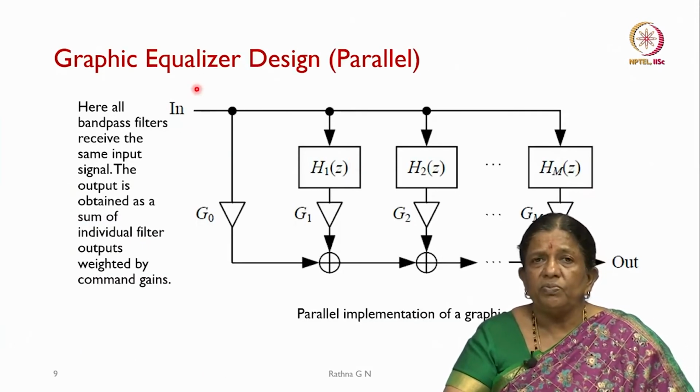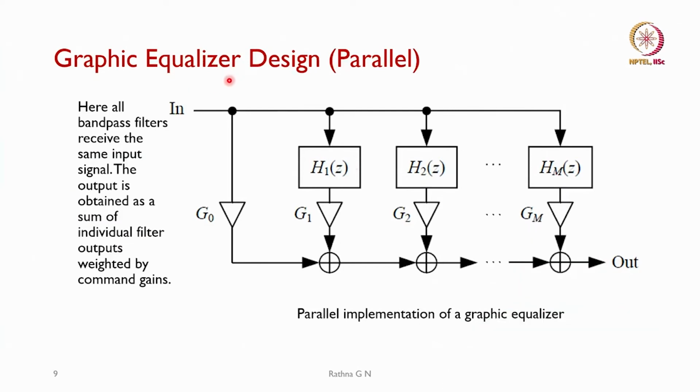Now, how can we design the same thing in parallel? That is what this figure shows. We have the overall gain G naught, and then each one has its own transfer function H1 of z, multiplied by its gain in parallel, and then each one is added to get the output.